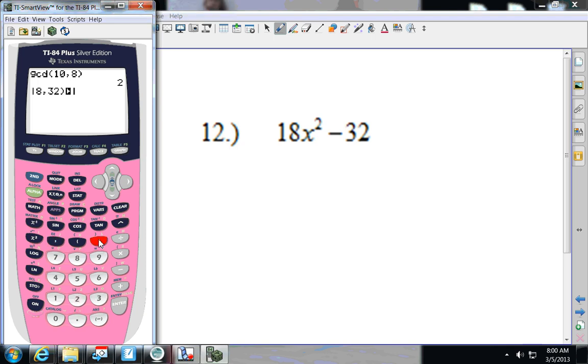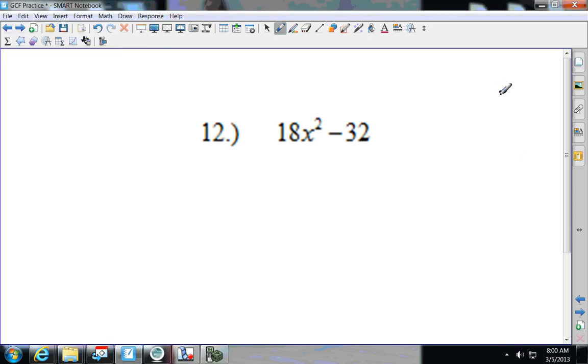I didn't press 9. Oops. Math, arrow over to number, try again, press the number 9. Now let's try 18, comma, 32, parenthesis, press enter. GCF for all that work is just 2.